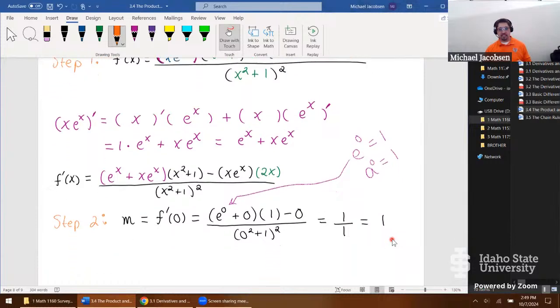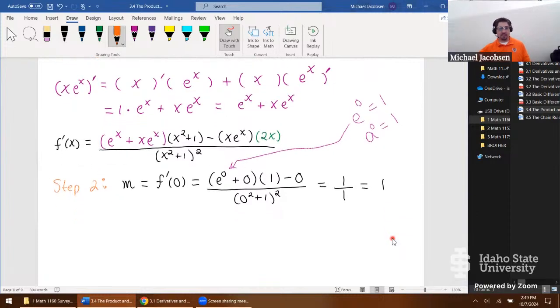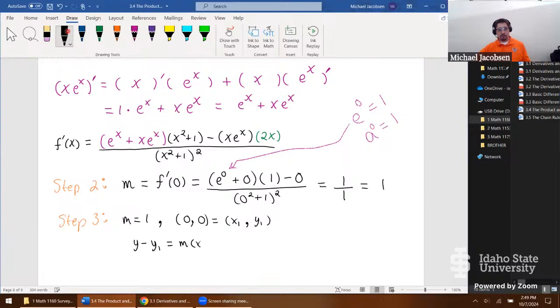Okay, well, let's put this together and make it happen. So here's our step 3. Let's grab and just consolidate. Slope m is 1. We had a provided point 0, 0, but that's just going to be x1 comma y1. The equation of the line is y minus y1 is slope m times x minus x1.